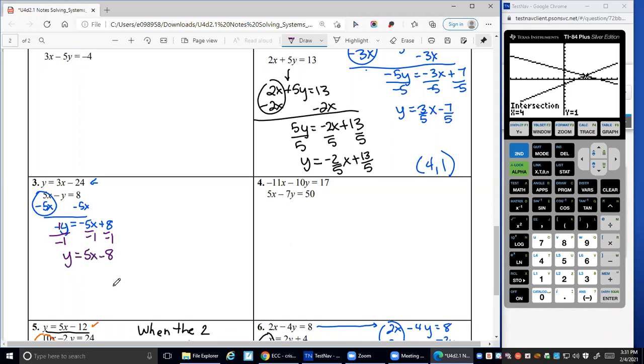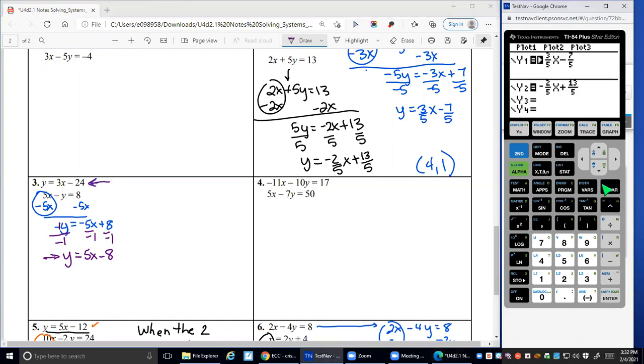Why does this feel familiar? It feels familiar, yeah? All right, so now I've got this equation right here, and I have this equation right here. I'm going to go to my calculator, clear what's in there and type it in. 3x minus 24. I'm going to put the other one here, 5x minus 8. Graph it.